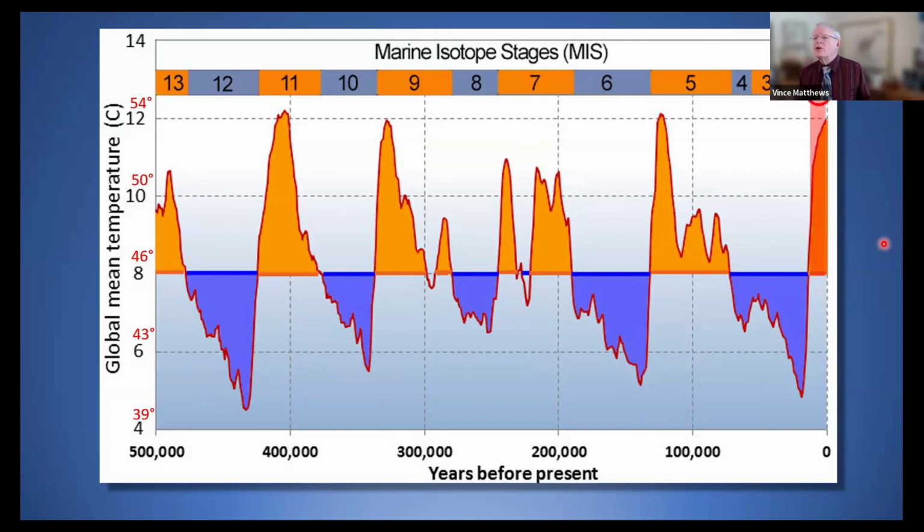And this interglacial is marine isotope stage #1. And all of the interglacials, as you can see, are odd numbers. And then this is a glacial stage, and this is marine isotope stage #2. This was our last major glaciation in Colorado, MIS2.